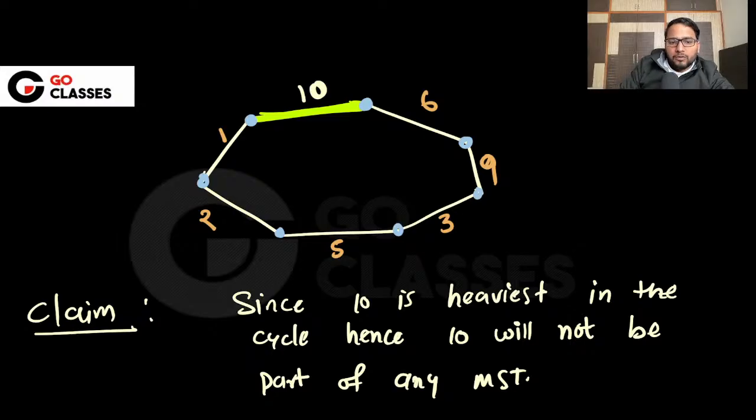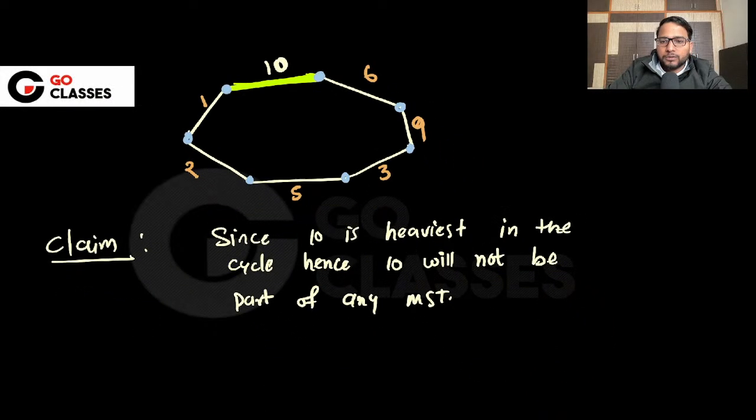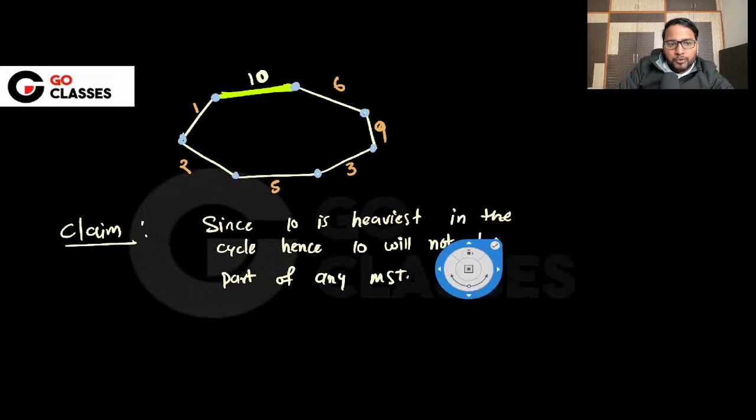Okay. Now let's just prove this claim. Now I'm proving this claim using this. I want to prove that this is not a part of any MST. I want to prove using contradiction.